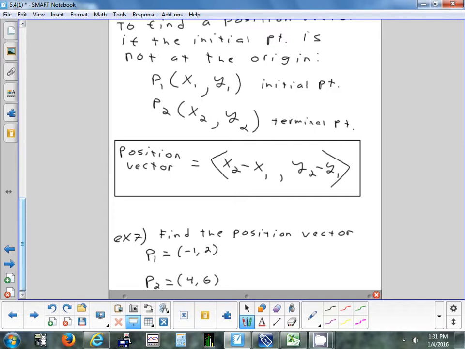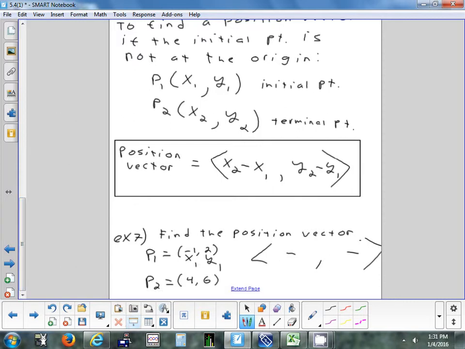Right, so our last example is going to be just to find basically what's the horizontal component, what's the vertical component, and write a position vector. Okay, so the first thing we want to do is x2 minus x1. Okay, if you need to, you can label everything.